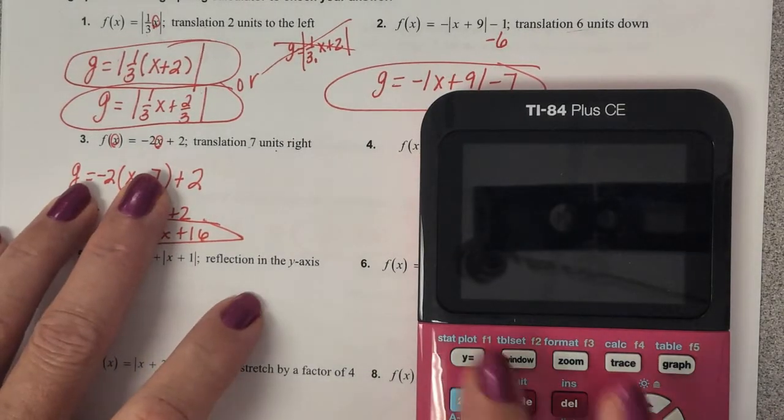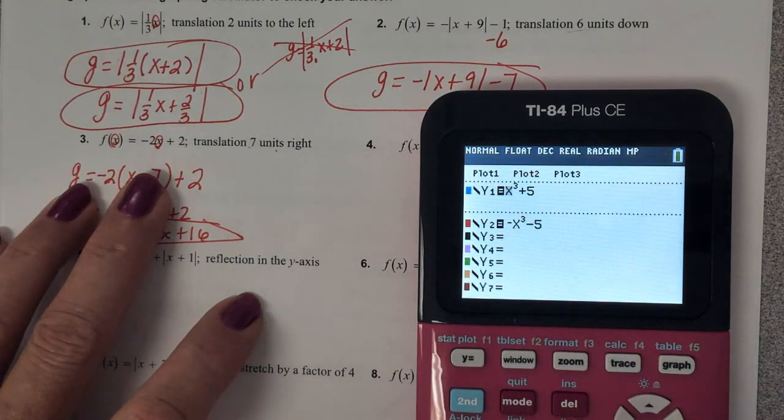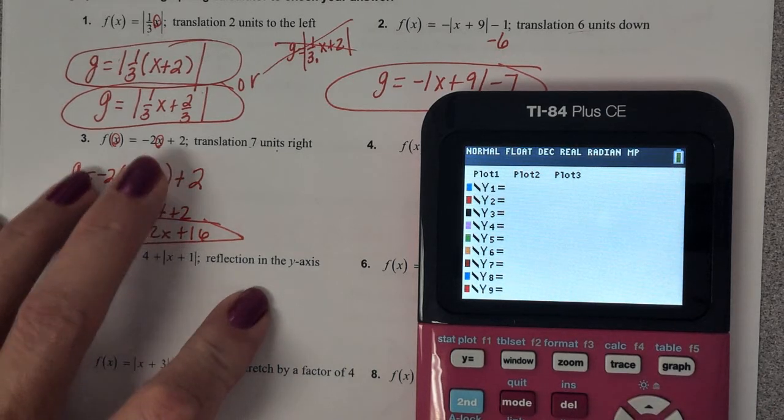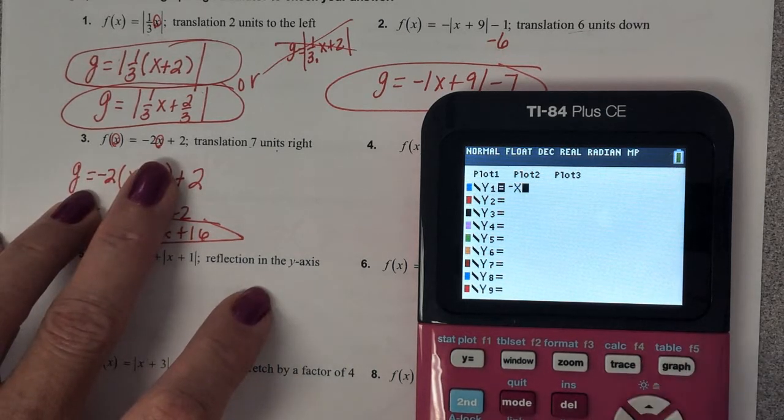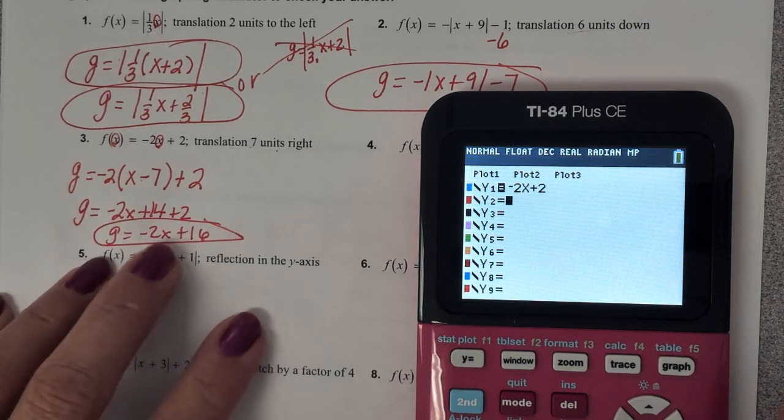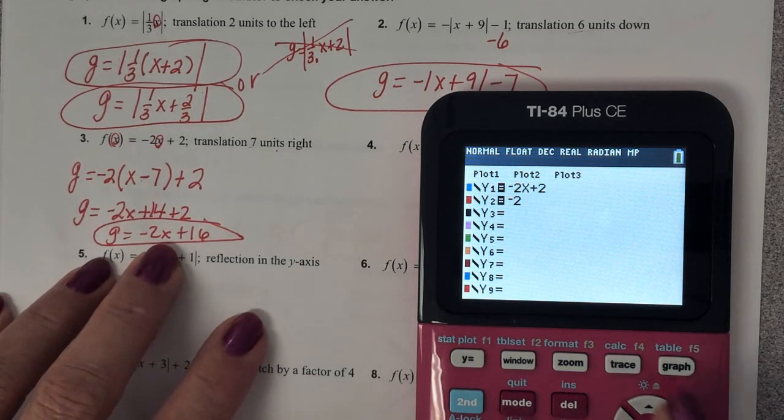I want to show you that, because that does not seem intuitive at all, does it? But watch. My original function, -2x plus 2, and then I want to see -2x plus 16.